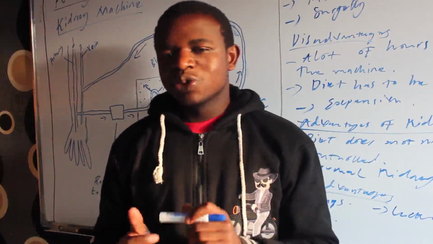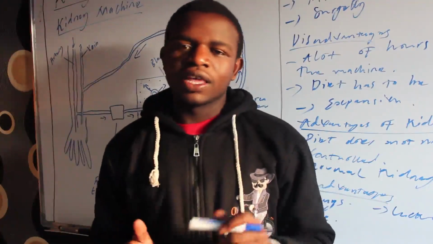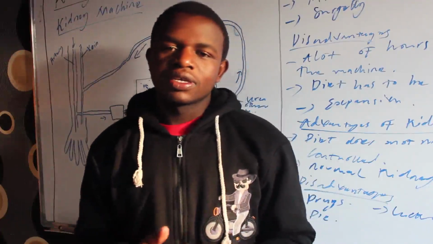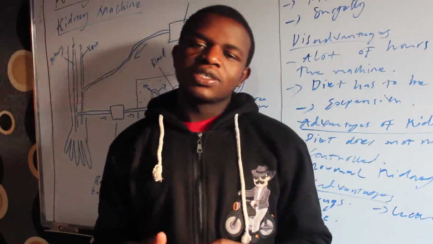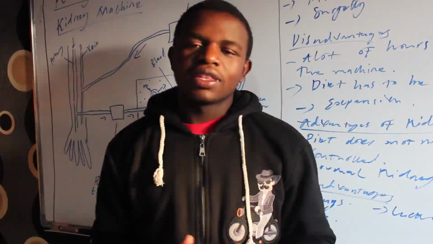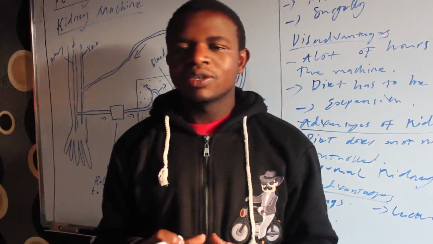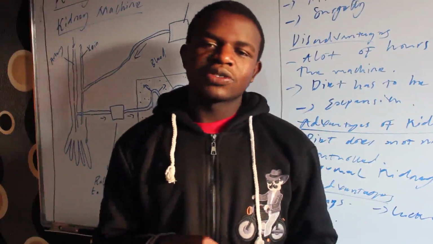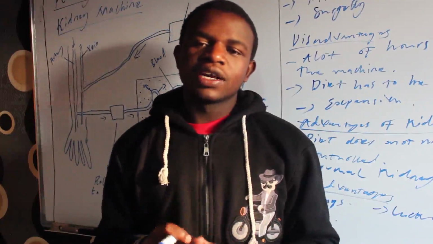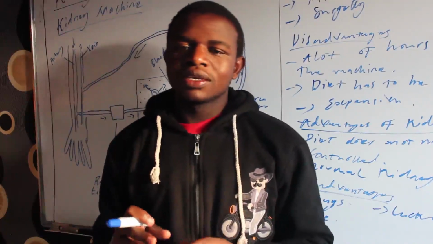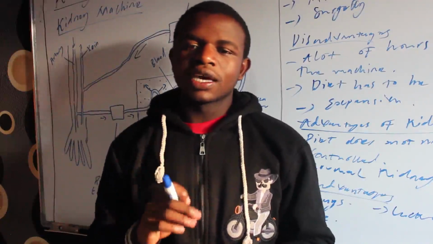Let us take another situation where the temperature of blood is reduced. So when the temperature of blood is low, the blood vessels that supply the sweat glands are not going to be increased in size.